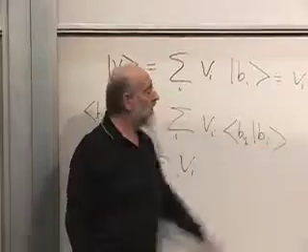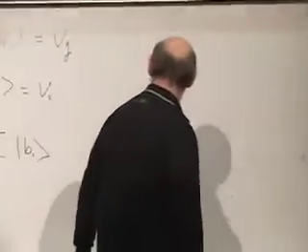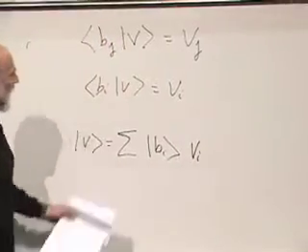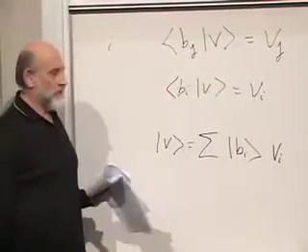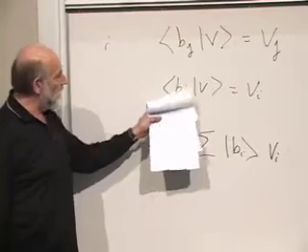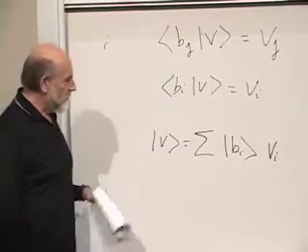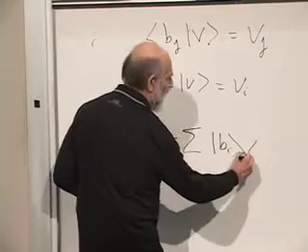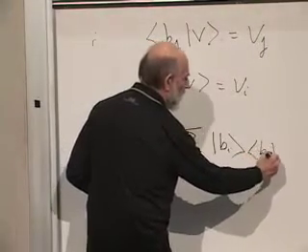The answer was no. So I'm going to choose to write it over here. But now I'm going to take what vi is, namely the inner product of bi with v. So let me just substitute that in: bi with v.